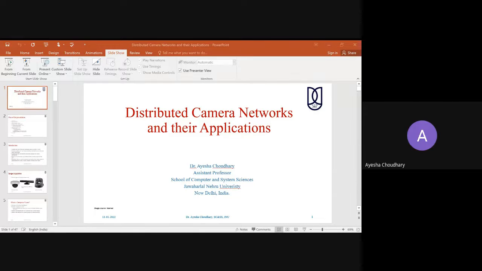Is it possible to switch over to slideshow mode? I have switched over. Is it not visible? What you can do is stop that window on the left side. Okay, just a minute. I'll present again. I think I need to change the layout. Go to entire screen and then come.